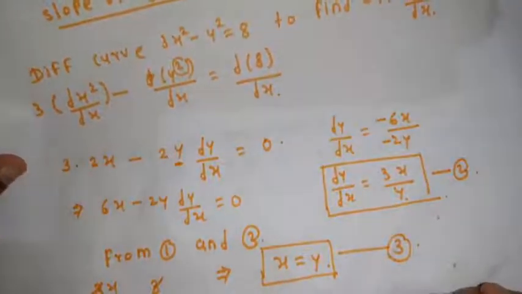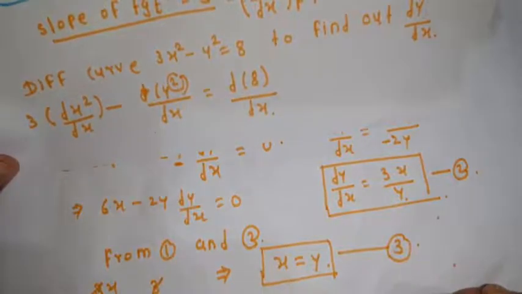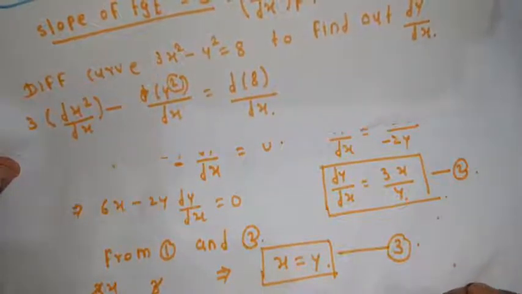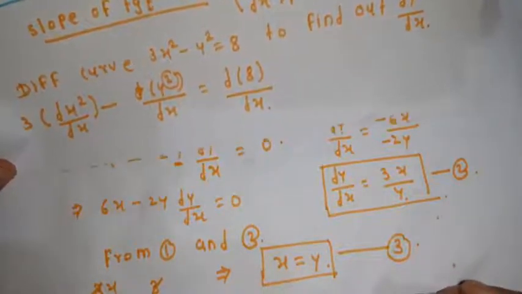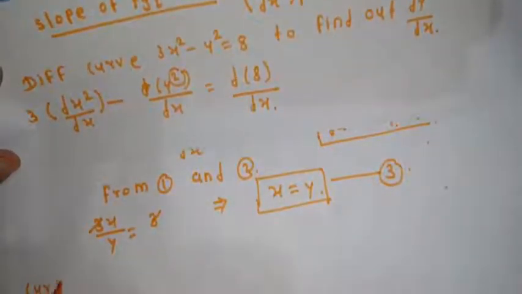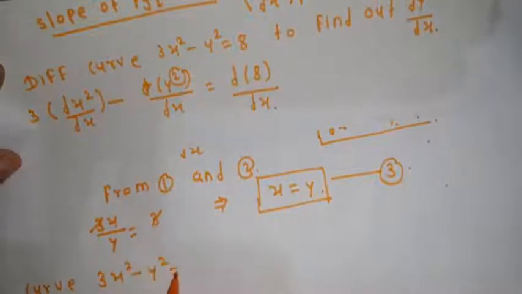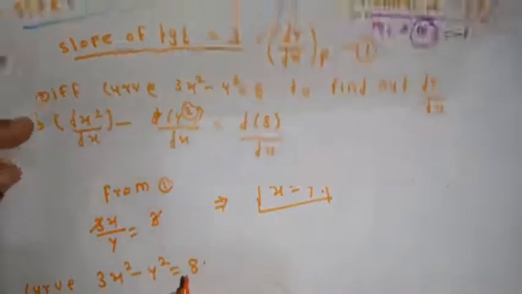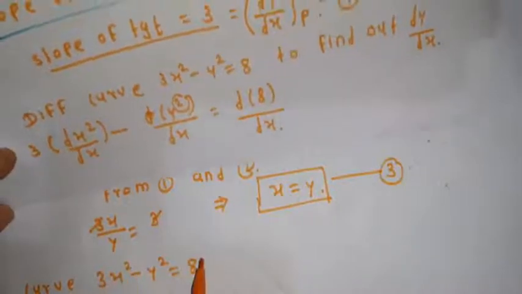Okay, now we have to find out the equation of tangent and equation of normal. Now consider the curve, that is 3x square minus y square equal to 8. Now we have to find out the value of x and y.